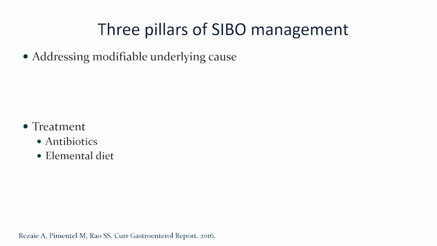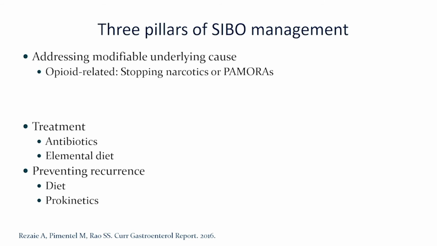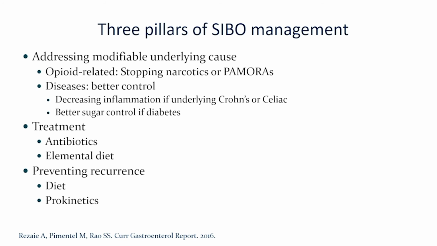So more about 1, in terms of addressing the modifiable underlying causes. If it's opioid related, ideally we can decrease the dose of the opioids, for example, or we can put medications that antagonize opioids specifically at the level of the gut. And if it's related to a certain disease, for example, like IBD, ideally we'd get better control.